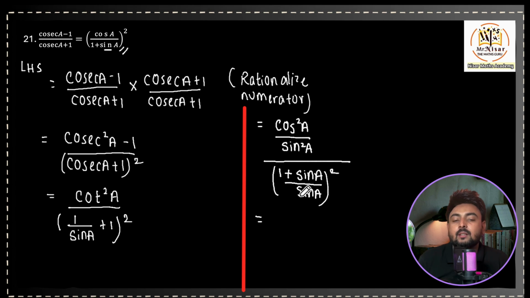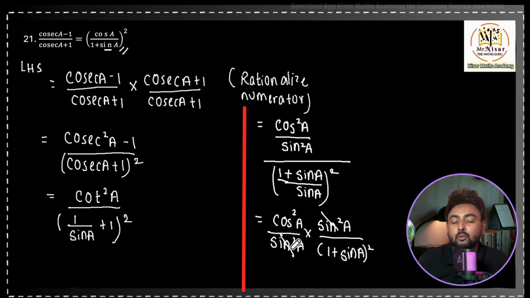A fraction divided by a fraction becomes its reciprocal. So may I write like this? I'll separate the power and write cos square A upon sine square A into, here, 1 plus sine A whole square upon sine square A. So when I take the reciprocal, it will be sine square A upon 1 plus sine A whole square.